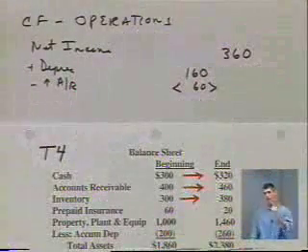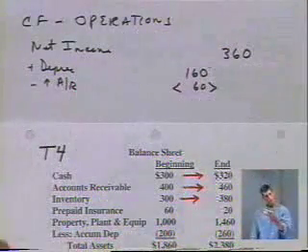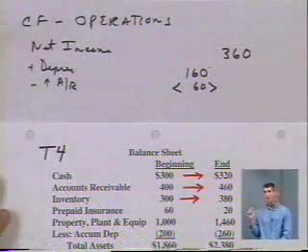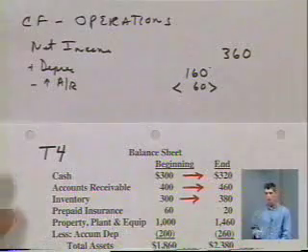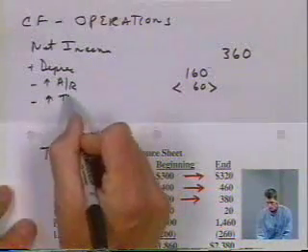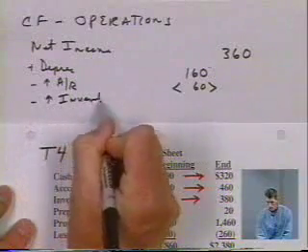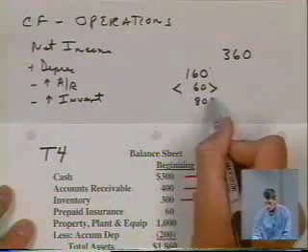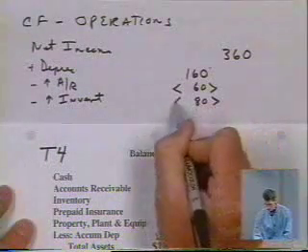And if we bought it, that means there was a cash outflow, so to speak. So we subtract out the increase in inventory. And that increase was $80. Again, we're subtracting that out, we're bracketing that.